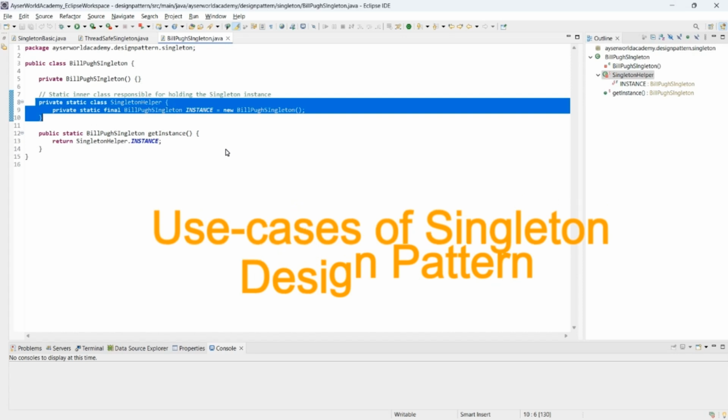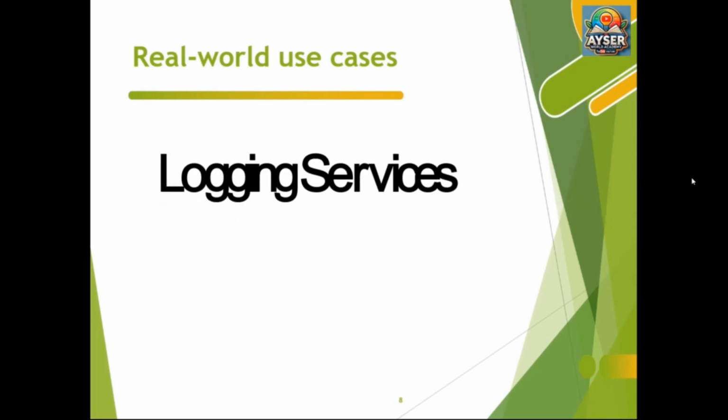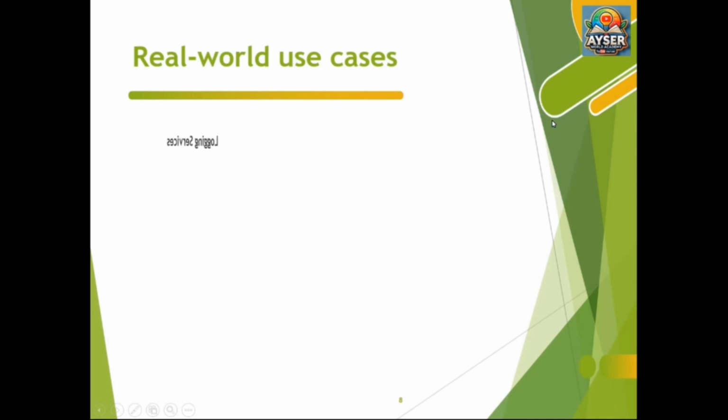In logging services, you basically need a single instance to control the logging functions, because you will be using logging in a single or multi-threaded environment and generating a single log. So it is one of the best use cases for the singleton design pattern, providing a single access control and handling everything for logging services.